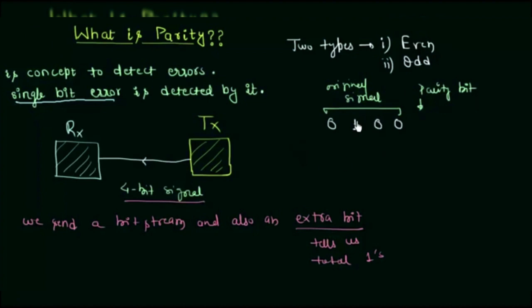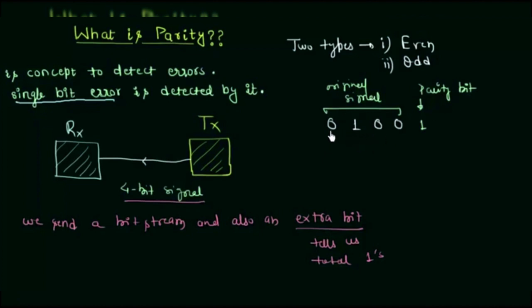Whenever we are talking about the even parity and there is an odd number of 1s in the original signal, we will add a 1 in the parity bit, or we will make the parity bit high, to make the total number of 1s even.